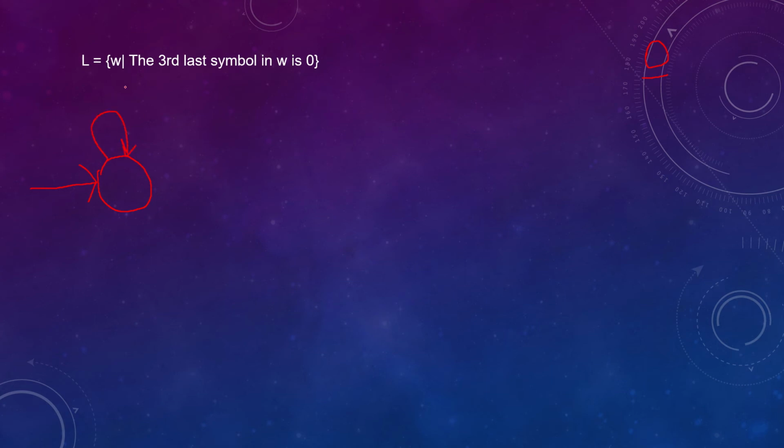So for the 1 we will still remain in our start state, but when we get a 0, that 0 might be our third last symbol. So for 0 we will go to a state which represents 0. So we will go to this state and let's assume this state represents 0.